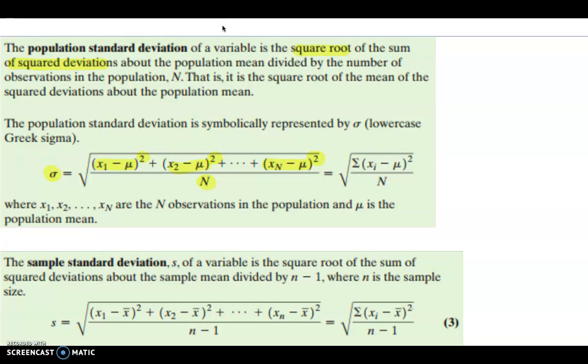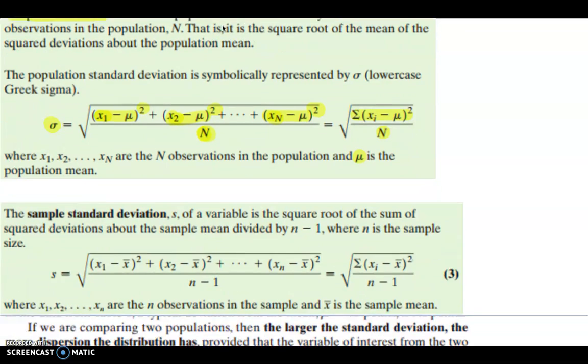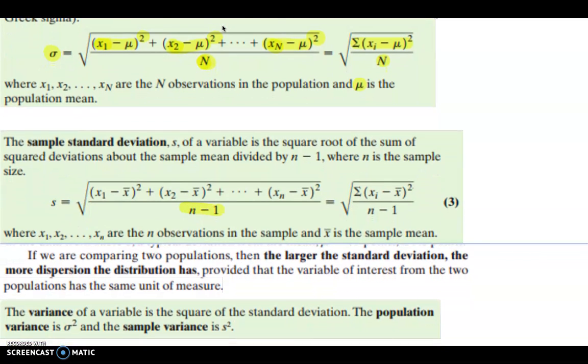Here's the short way of writing it: the square root of the sum of the deviations squared divided by n, the population size. Again, x sub 1, x sub 2, up to x sub n are all observations from the entire population, and mu is our population mean. So if it's the population, you divide by n. The difference when you go to a sample standard deviation is we're going to divide by n minus 1.